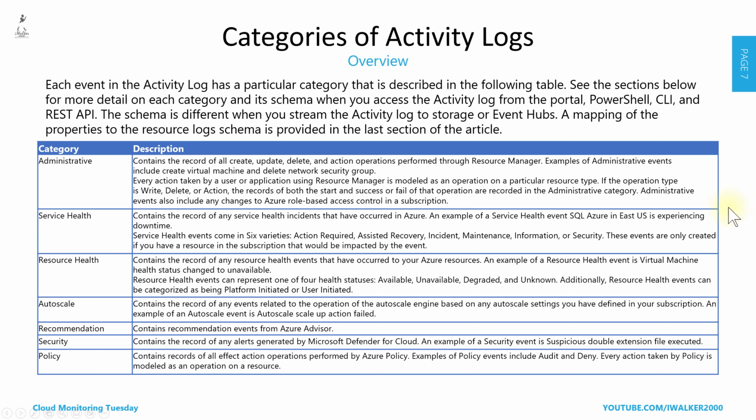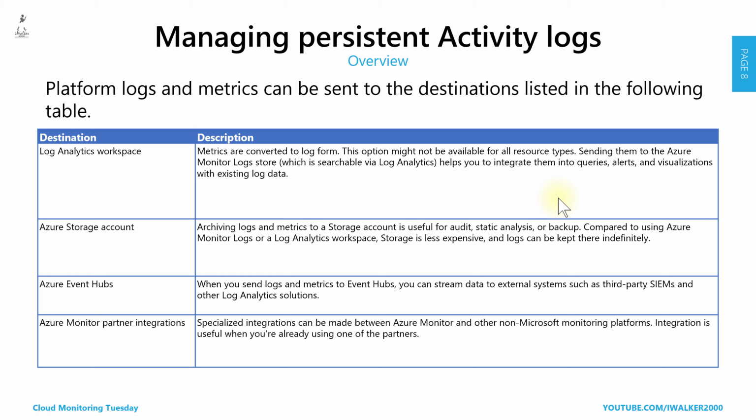And the main important part of activity logs that you have to understand is that activity logs have only a 90 days lifetime. After 90 days, activity logs will be deleted from the system.